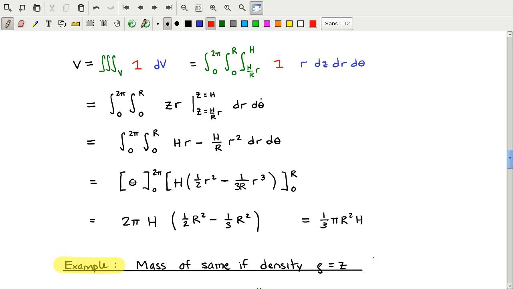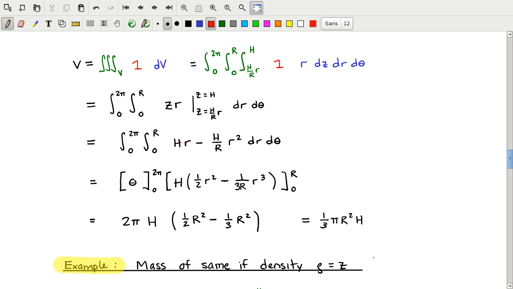Then we just have to do these 3 iterated integrals. We integrate first in z. The integral of r dz becomes z times r. We treat r like a constant, and so we get z times r. Then we have to evaluate that at z equals H, and z equals h over R times little r.